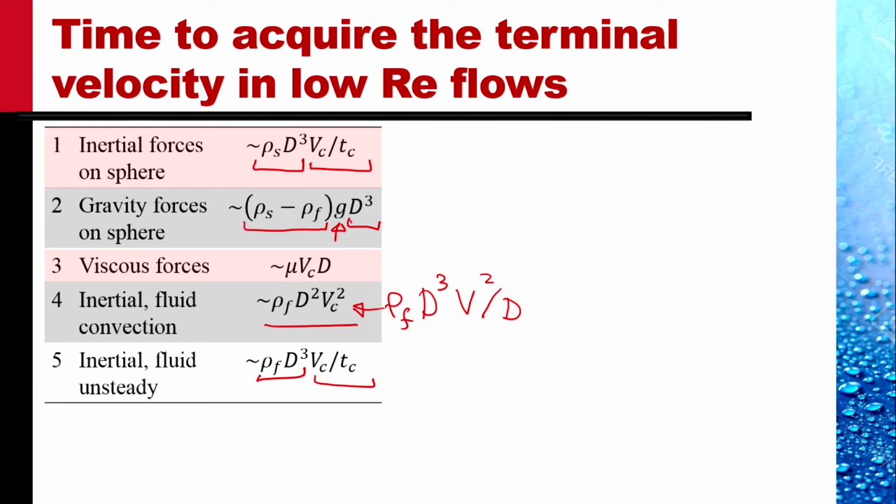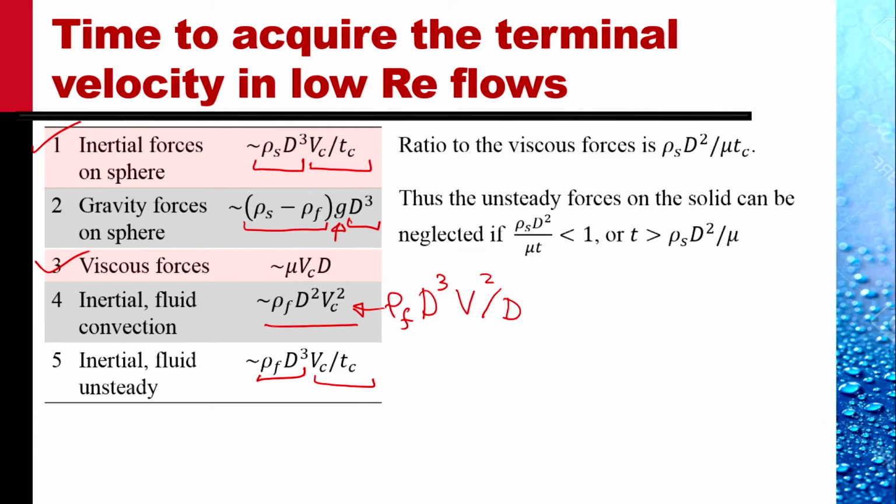We take two forces, this and this, and from this we construct the ratio of the inertial force of the sphere to the viscous force as rho s d squared divided by mu Tc. Thus, the unsteady forces on the solid can be neglected if rho s d squared divided by mu t is less than 1, or for times greater than rho s d squared over mu.